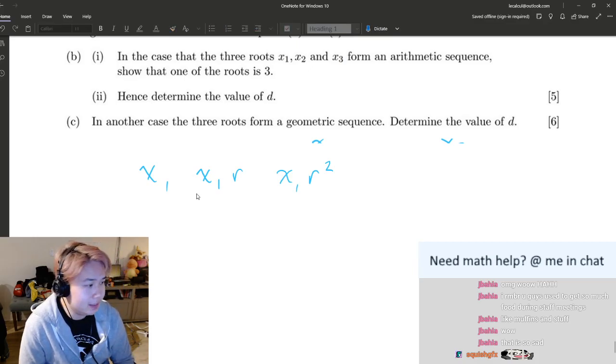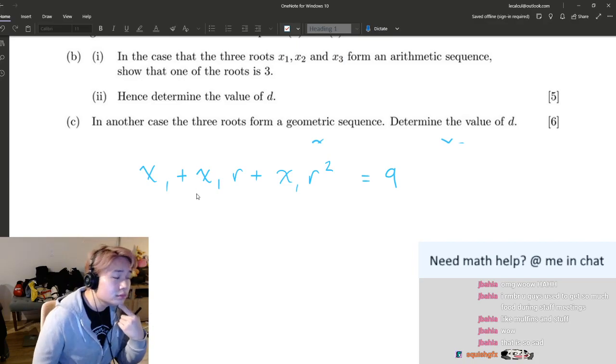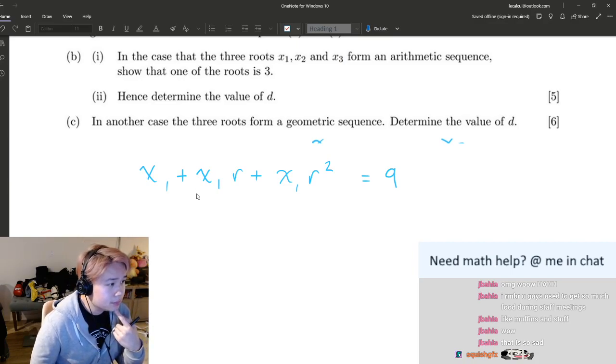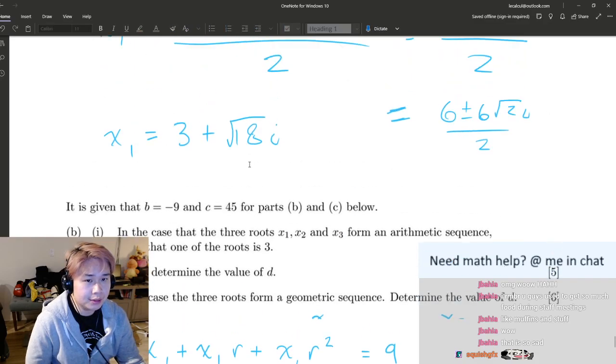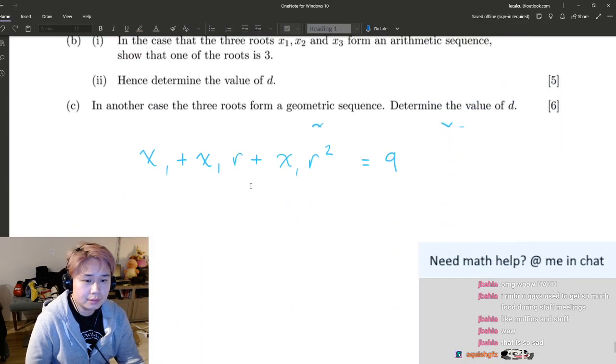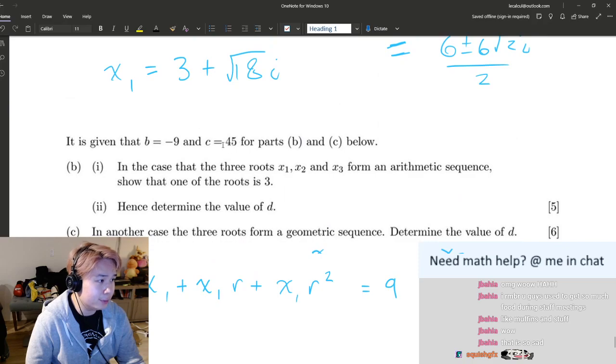When you add these together, it equals 9. And at the same time, if you multiply every pair together, it needs to equal 45.